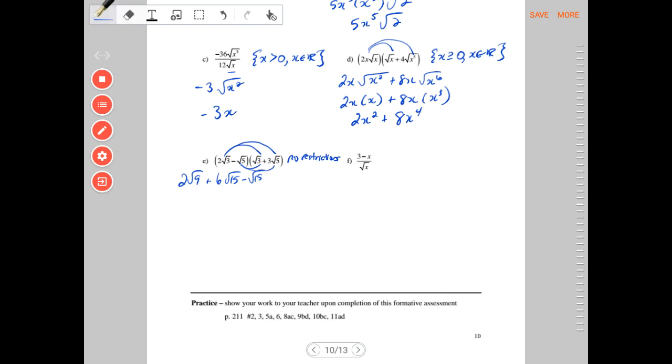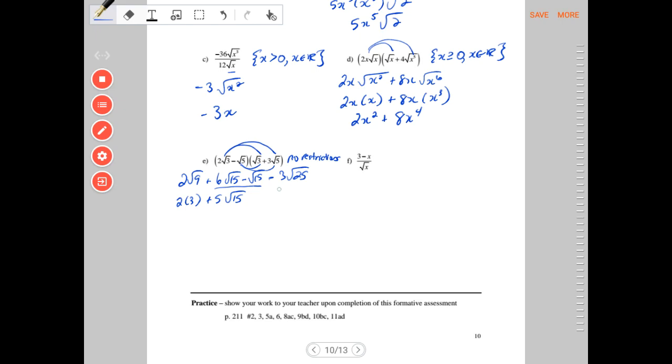Positive times a negative is a negative. And 3 root 25. Okay, so 9 is a perfect square, so that becomes 2 times 3. 6 root 15 minus root 15, those of course are like terms. So subtract the coefficients, that would give me positive 5 root 15.